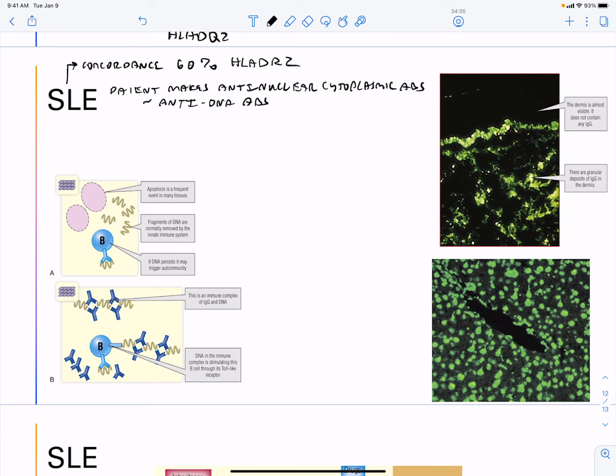And so this is going to be a type 3 hypersensitivity, and this is going to be our immune complex.